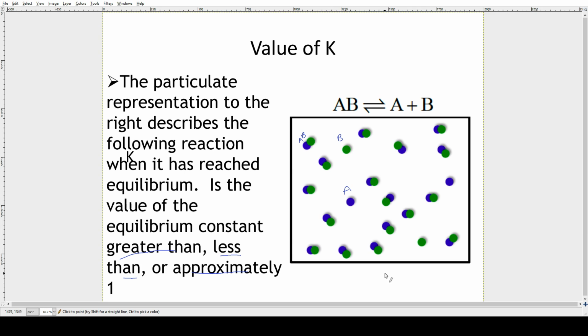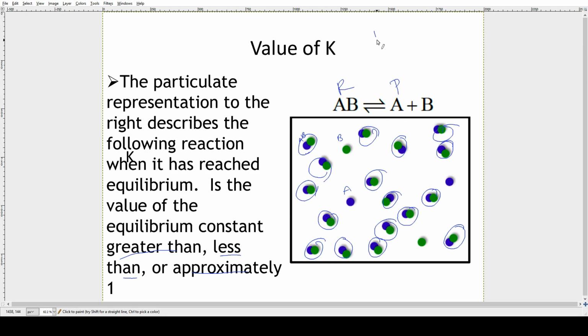And I'm looking at this and I'm saying to myself, wow, there sure are a whole lot of ABs. Oh my gosh, there's so many of them. It keeps going forever. So it looks to me like the concentration of AB is way higher. And this is a reactant. That's a product.